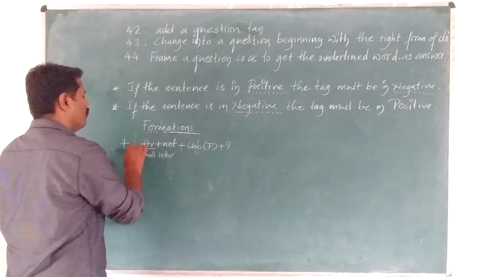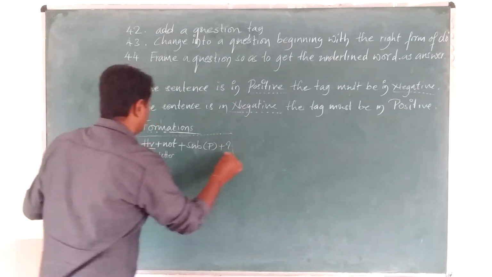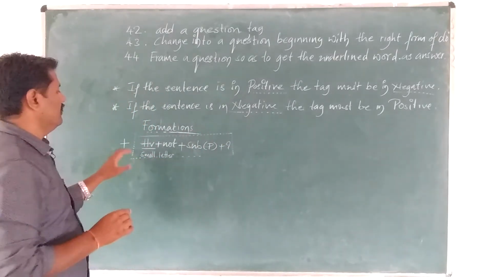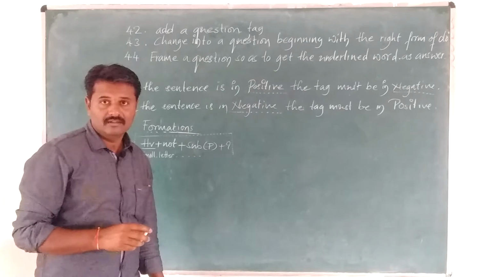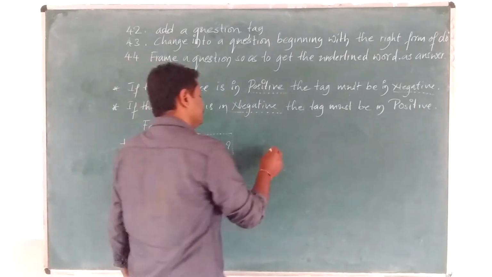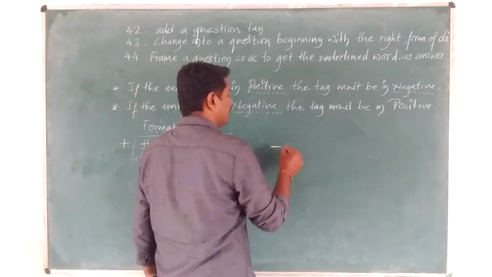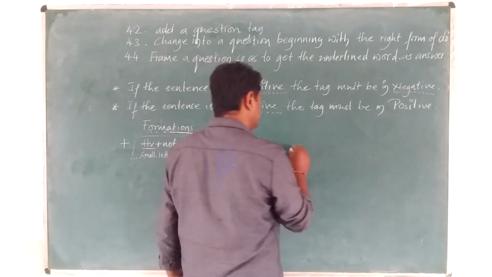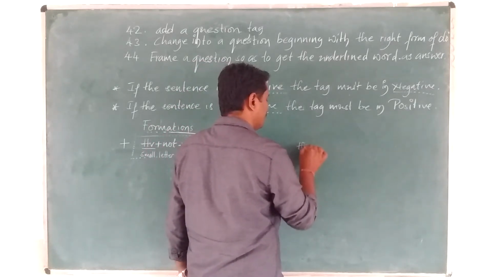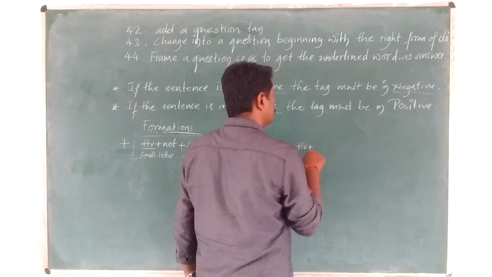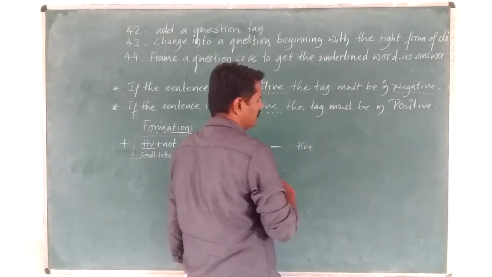So this is the formation of the positive statements tag. Then if the sentence is in negative, the tag is like this. It begins with the helping verb and has no not, the negative form.